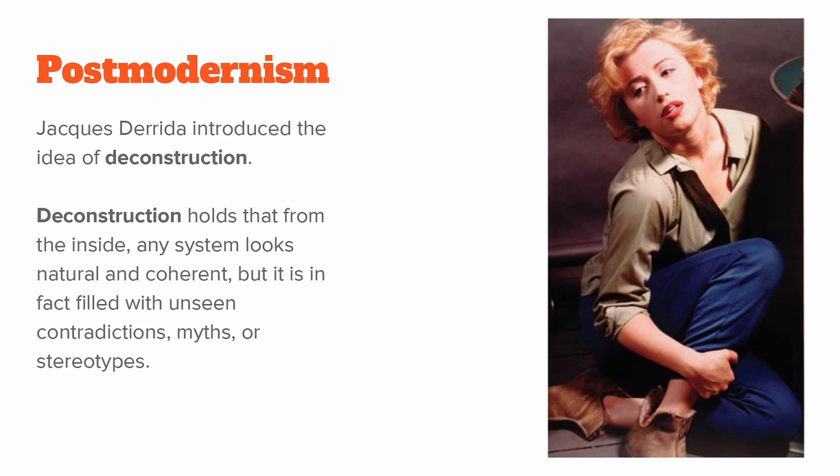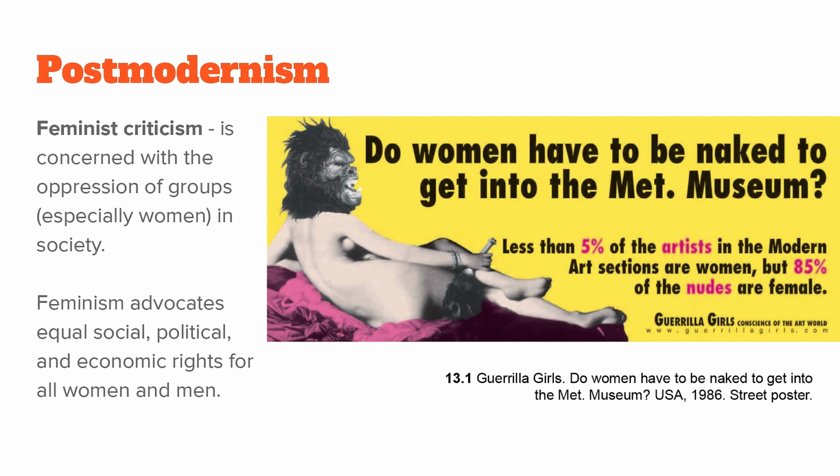One of the first criticisms to emerge from postmodernism is the feminist criticism. It is concerned with the oppression of groups, especially women, in society at large. Feminism advocates for equal social, political, and economic rights for all women and men.